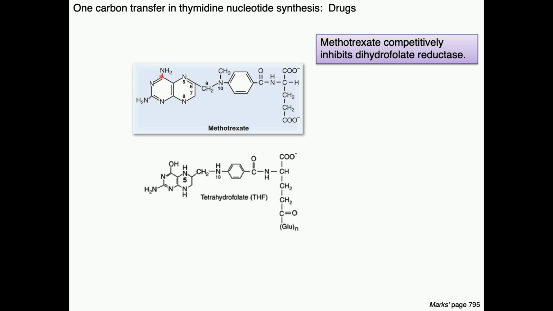And then instead of an alcohol at this position on the pteridine ring, we have an amine group. Otherwise, it's structurally identical to the normal substrates of dihydrofolate reductase. So methotrexate has roles in anti-cancer treatment and in treatment of inflammatory conditions like arthritis.